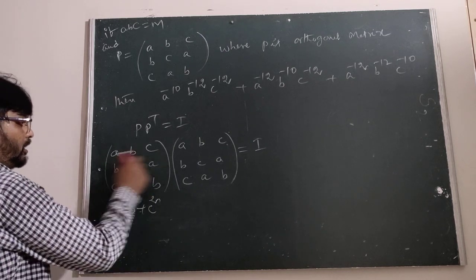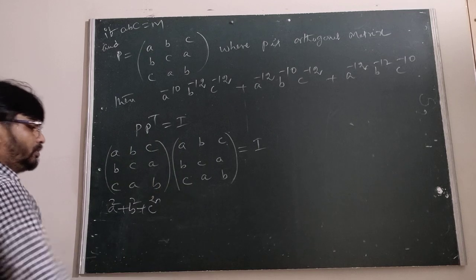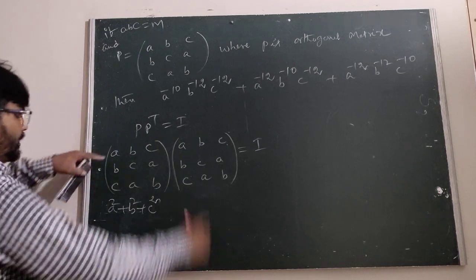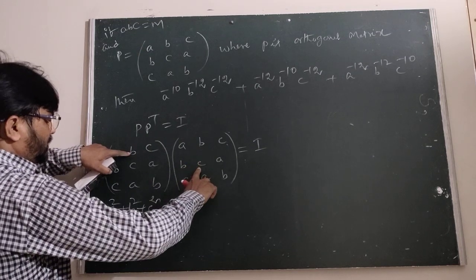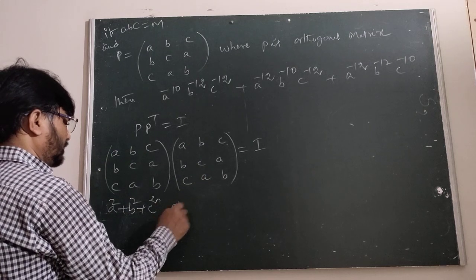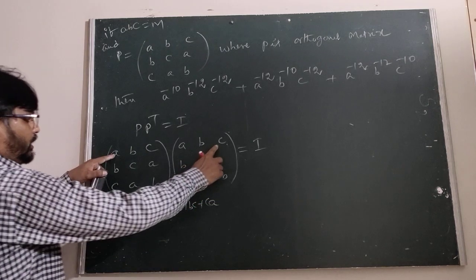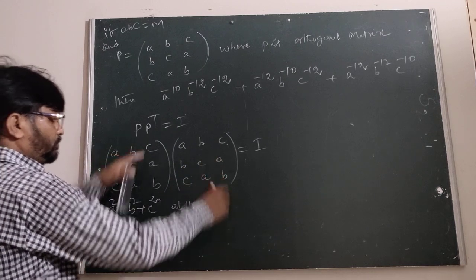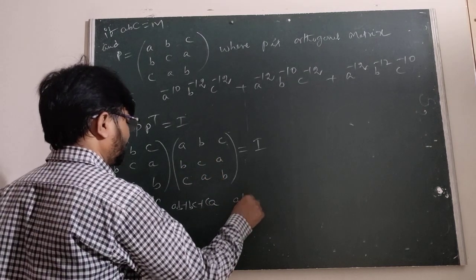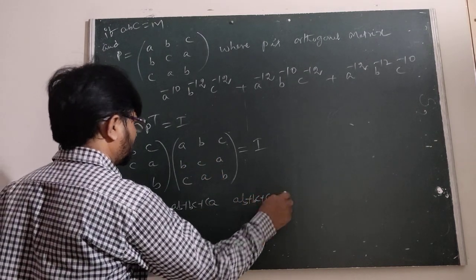Now this is the sum of the products of the corresponding elements. Here ab, this is bc, this is ca. Now this is ab plus bc plus ca. Here also ac plus ab plus bc, which is the same, ab plus bc plus ca.